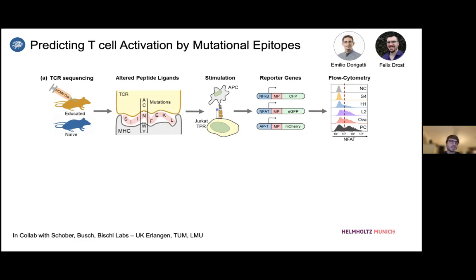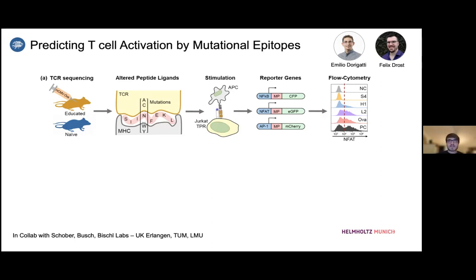This was done in our collaboration partners' labs, the Schubert lab and Busch lab. Then Emilio and Felix, two PhD students in my group, tried to model this type of mutational data to ask whether we can predict if a T-cell receptor or a T-cell is still activated when challenged with this altered peptide.